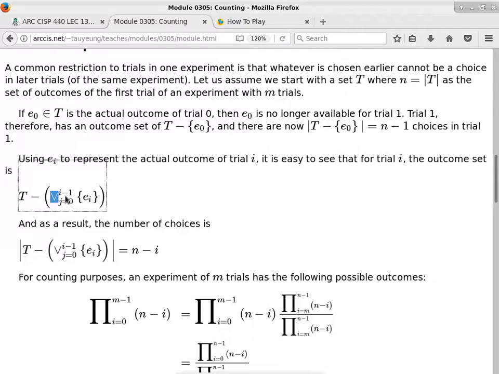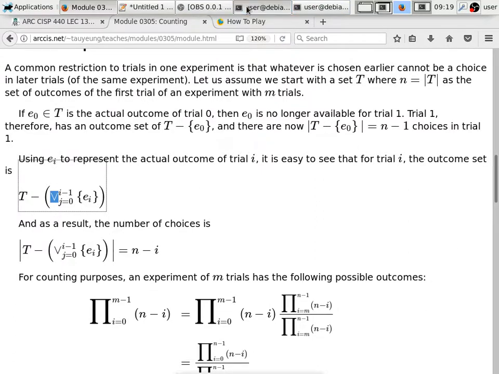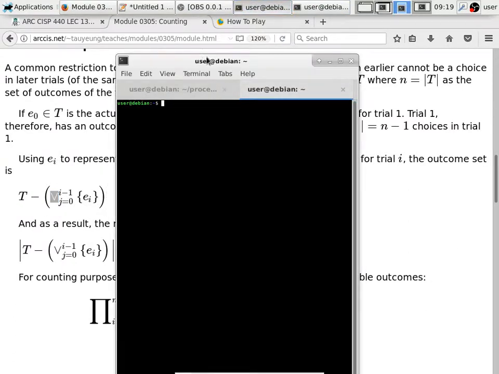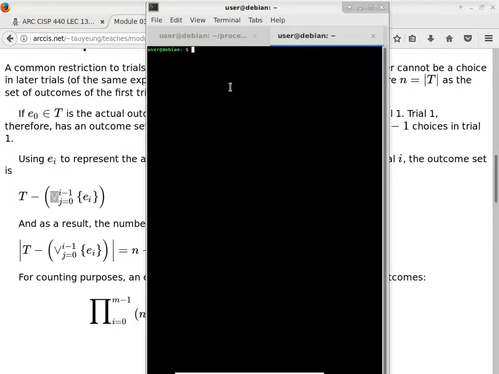This is supposed to be a big cup, which is the union representation, but I chose to use a big V, which is the OR notation. So I'm going to fix that first.